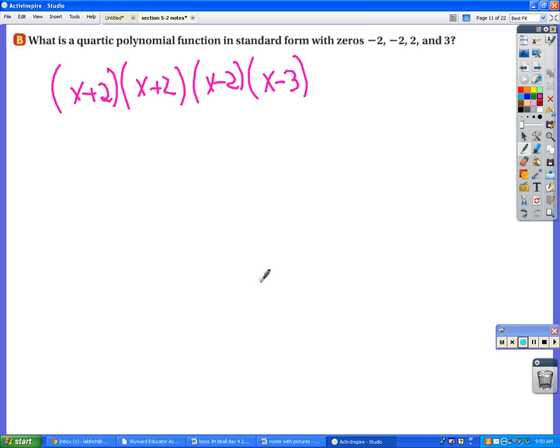So that first step should be really, really easy. You just take the opposite of all of the zeros.